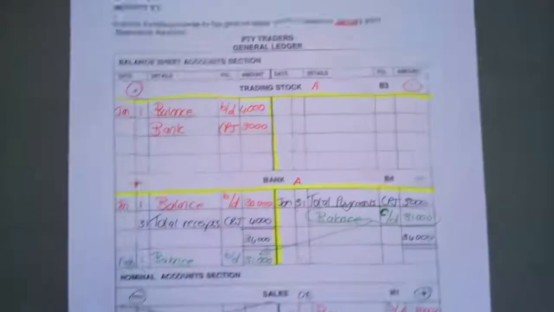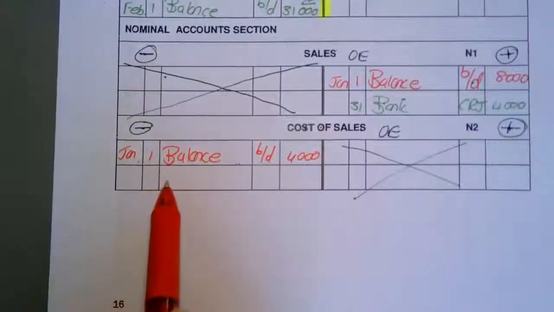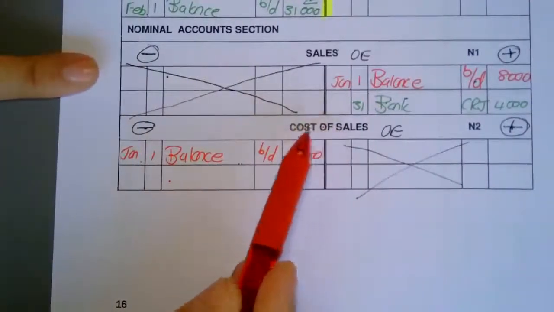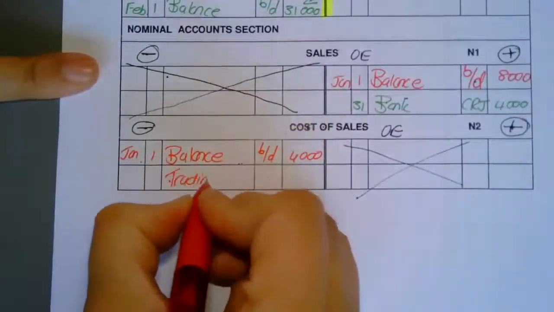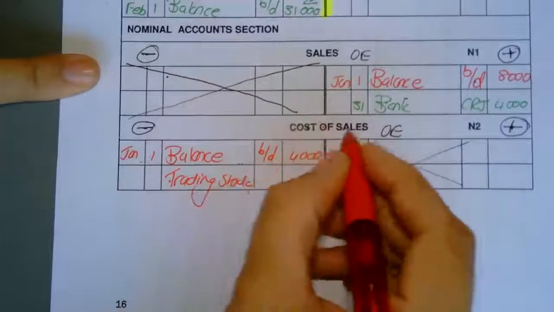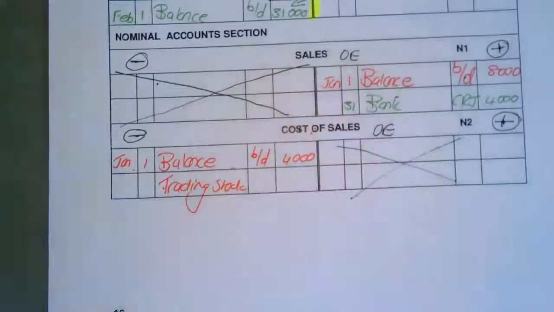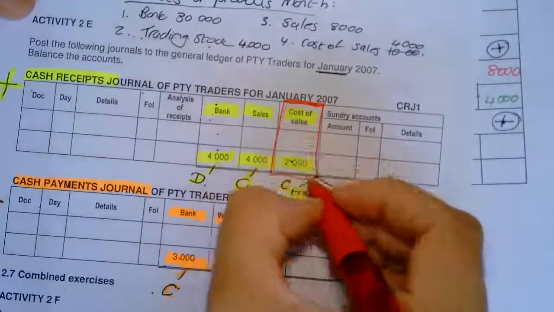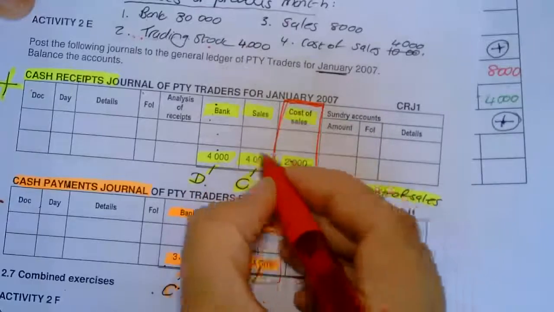So now let us do cost of sales. Cost of sales is always an expense. Cost of sales is the cost of the things that we are selling. What are we selling? We are selling trading stock. Now, where do I get the total of cost of sales? In the CRJ. Remember, it's not an income, it's just listed next to sales so that you can see that you have made a profit.